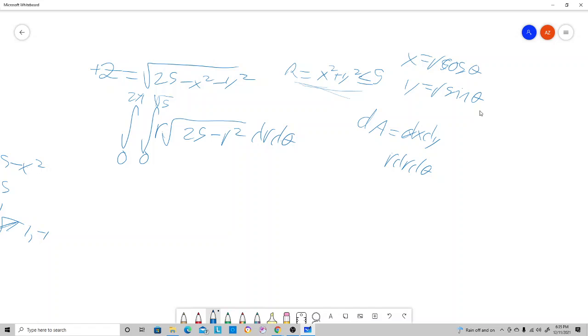Now this is nice, because for u substitution to work we need an r right here, and we have an r. So now we can just use u substitution. So 0 to 2 pi. If you differentiate this, you will be left with a negative 1/2. This r will go away.